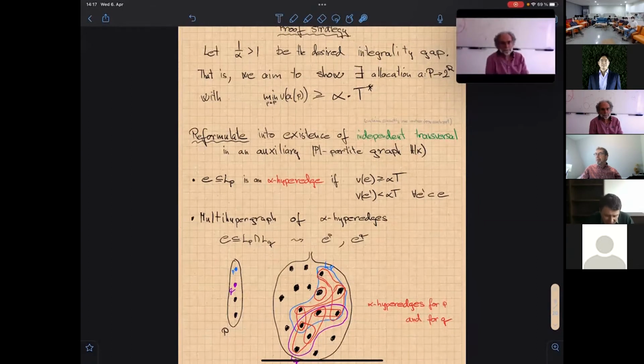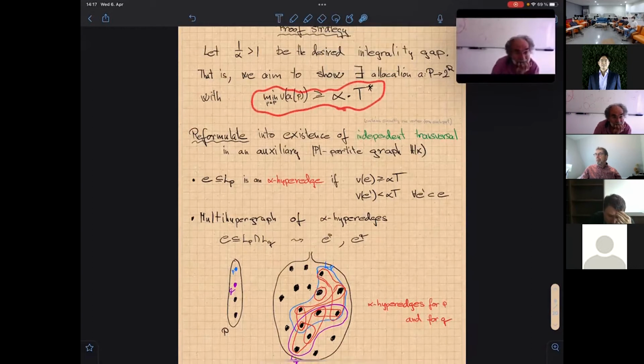So we decide on some approximation factor alpha we want. So our goal is to get an allocation whose mean value is alpha times t star, which is the value of the configuration LP.